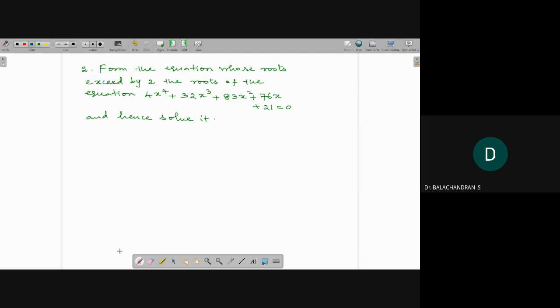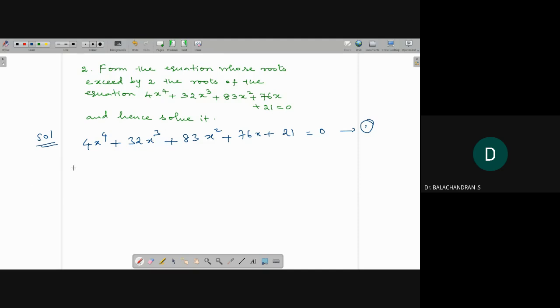Okay, so solution. I'll write 4x power 4 plus 32x cube plus 83x square plus 76x plus 21 equal to 0. I call this 1. So I need to increase the roots by 2.